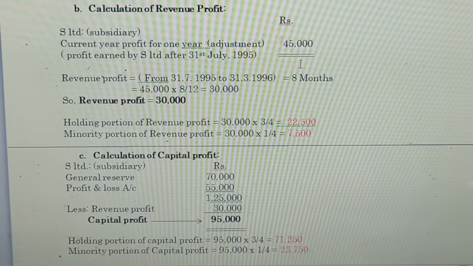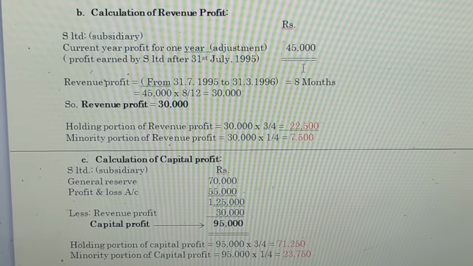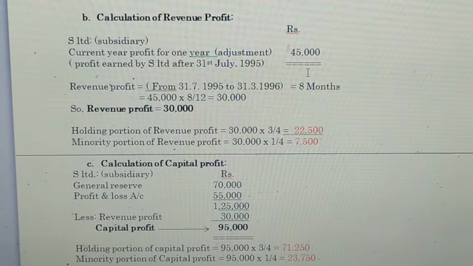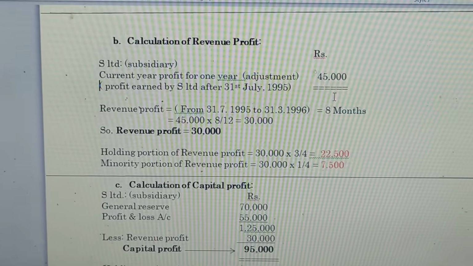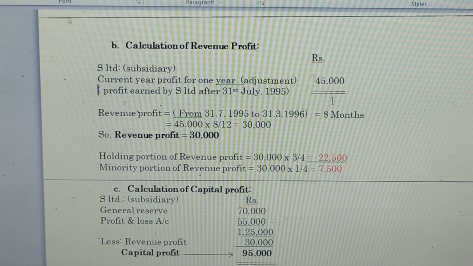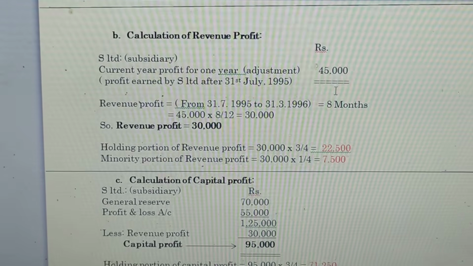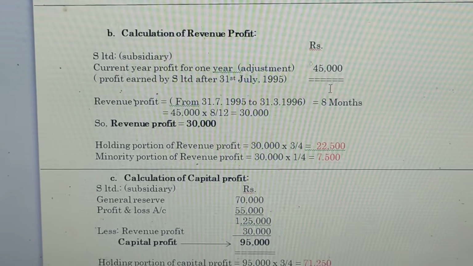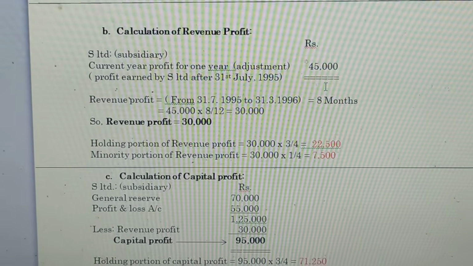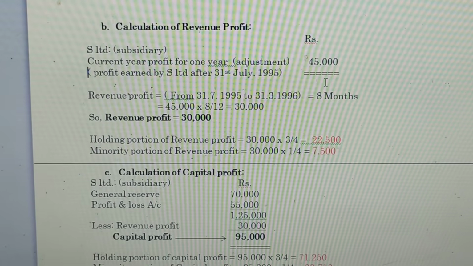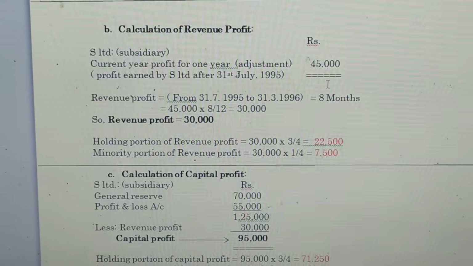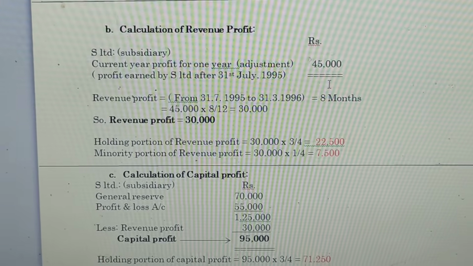we will have 8 months. The current year profit is for 1 year, but we have to take after-acquisition profit only. So from 31st July 1995 to 31st March 1996, there are 8 months. So 45,000 multiplied by 8 divided by 12, we get 30,000.